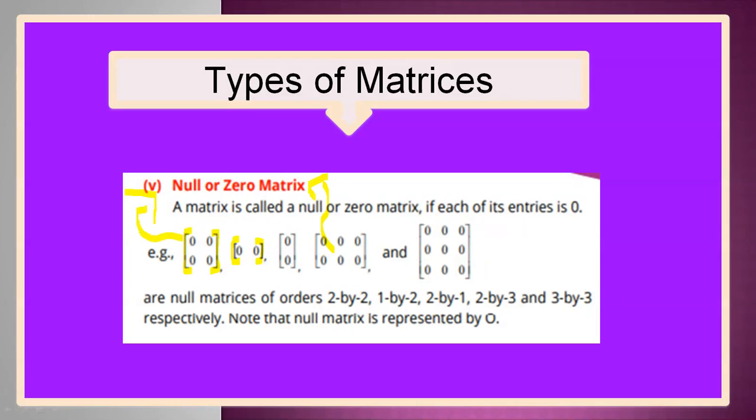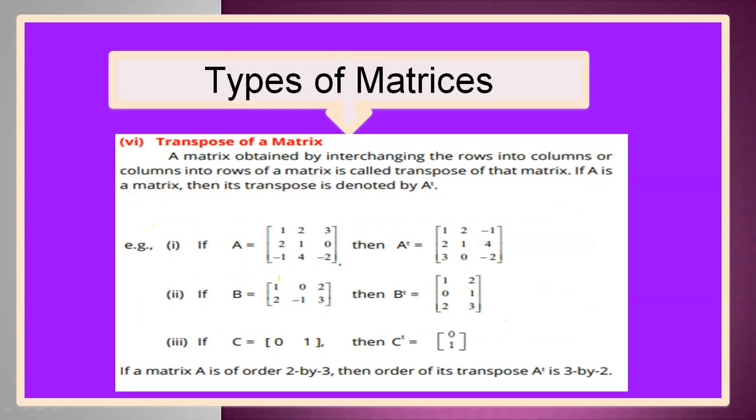Look here, every element, every entry, however I arrange these, having zero and making different orders, all belong to the zero matrix, or we can say it's a null matrix. And how do we represent it? Note that the null matrix is represented by this. So interesting. Move on to the next type.